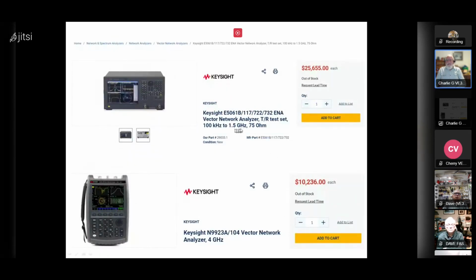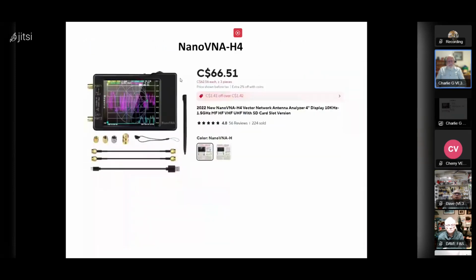Ooh, 100 kilohertz to 1.5 gigahertz. So not quite as much bandwidth as the NanoVNA, for a couple of orders of magnitude less in terms of cost. So this device starts to get interesting for those of us in the ham radio hobby.